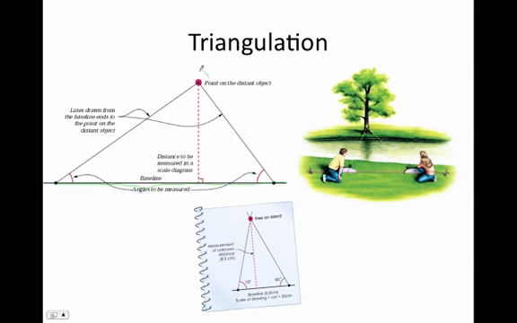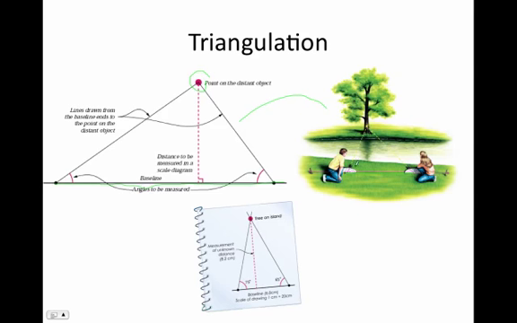So here's a point of a distant object. In this picture, they're saying, let's pretend it's a tree. And we can't actually walk across with a meter stick to tell how far the tree is. Well, we can use a protractor here, and we can measure this baseline.